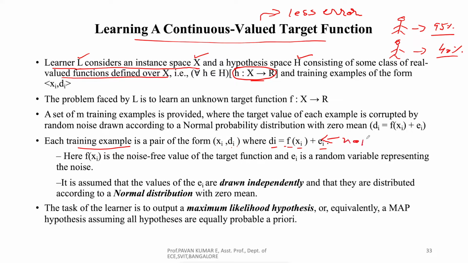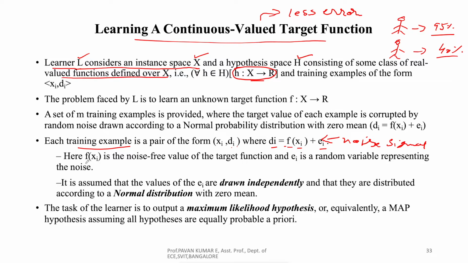Okay, this is nothing but your noise signal. Once again I'll repeat. Each training example is a pair of the form xi comma di, where di equals f of xi plus ei. So here ei represents, as I said, a noise signal which is added randomly to your data.